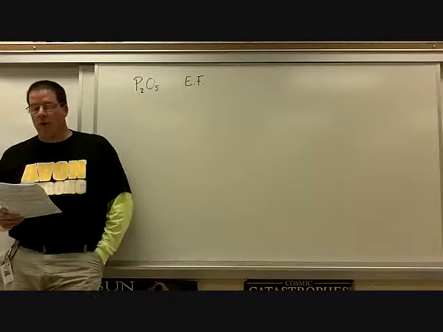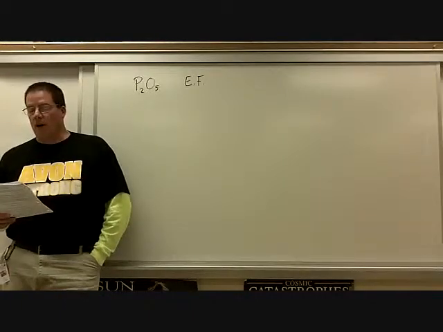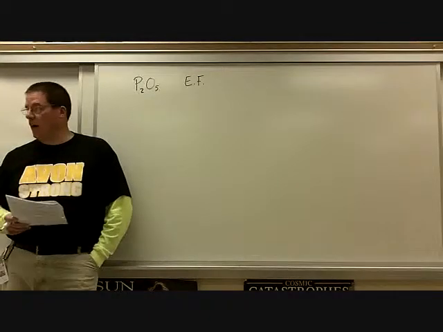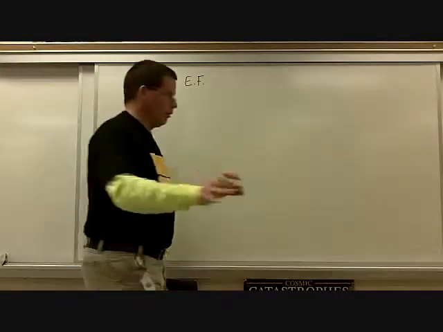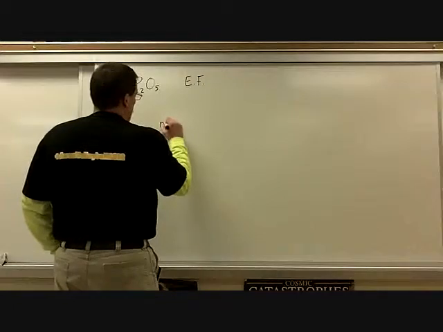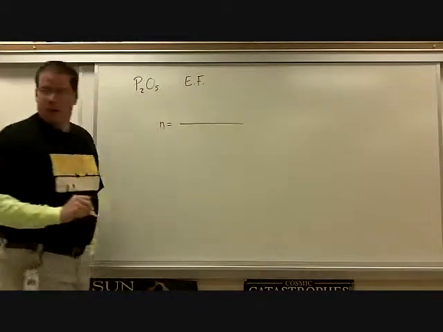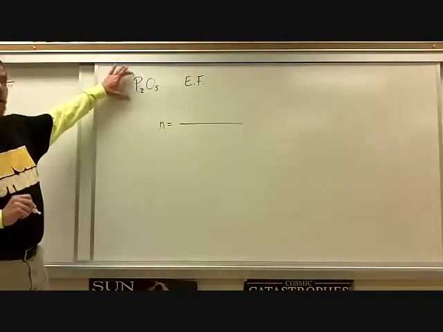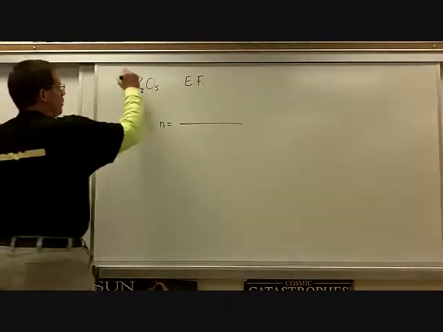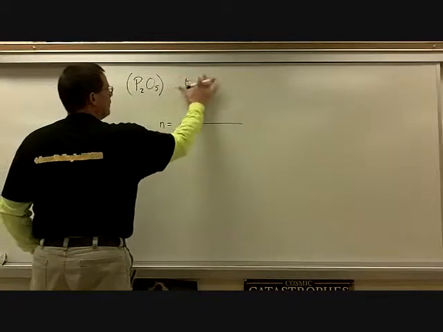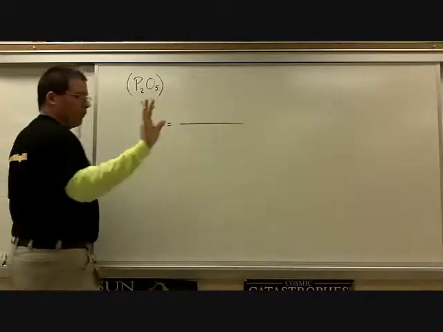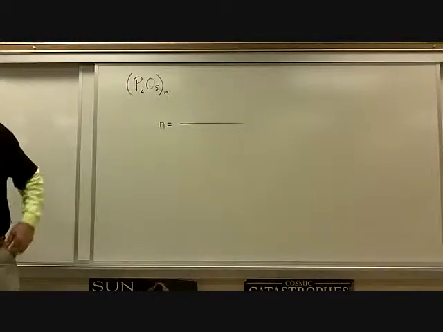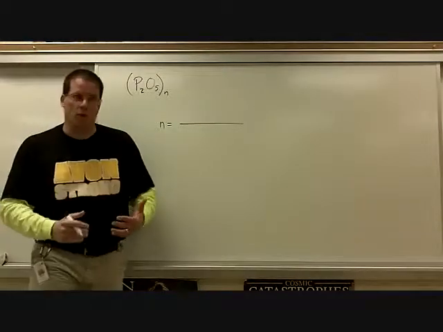It says the molecule has a molar mass of 283.88 grams per mole. It wants you to find the molecular formula of the compound. Now in the notes, I showed you quickly that to find the molecular formula, you first need the empirical formula. And then you'll take the empirical formula, and there's a multiplier for it, because the empirical formula is a small whole number ratio.